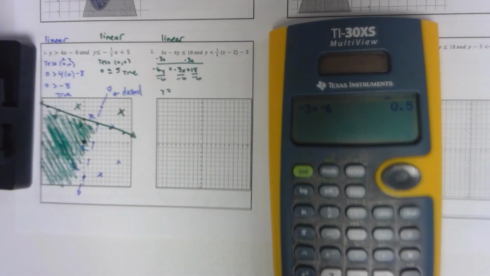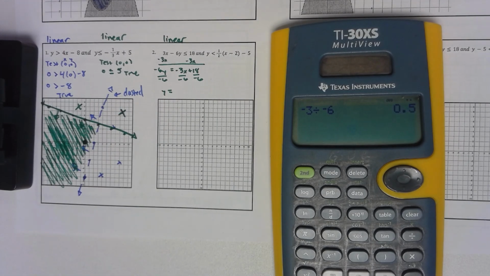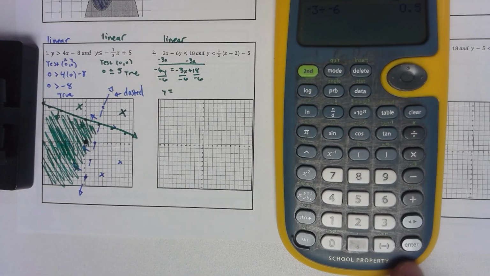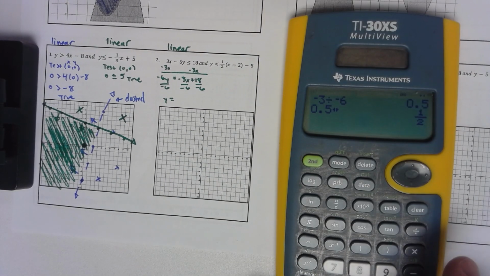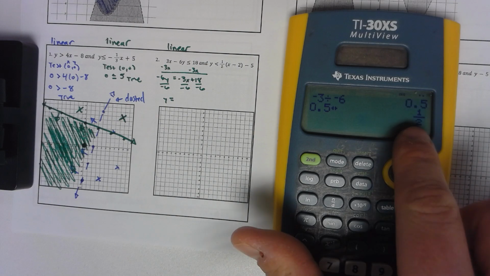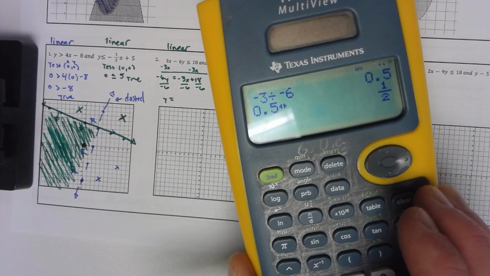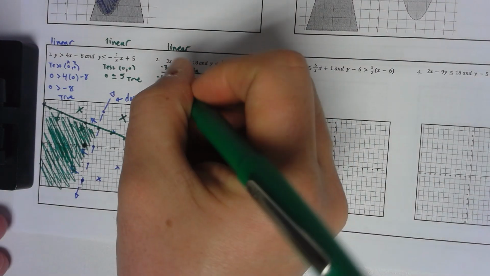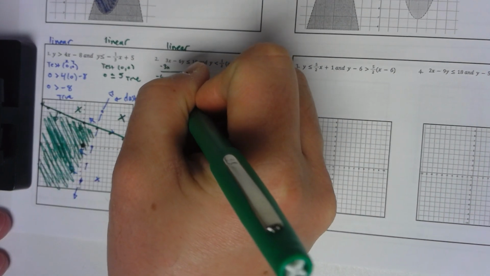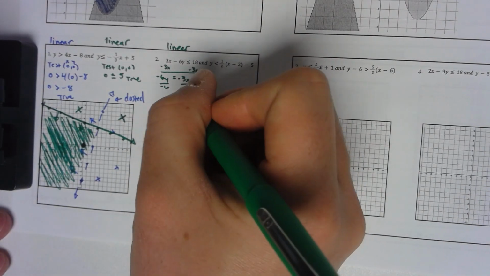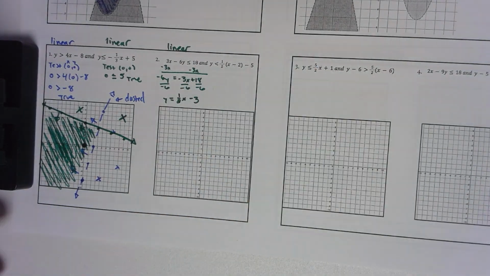It'll give it to me as a decimal when you do the division. But then if you press this button that points in opposite directions, it'll take that decimal and convert it into a reduced fraction for us. So that tells me that the slope is 1/2. So this is 1/2 x. And then 18 divided by negative 6 is negative 3.